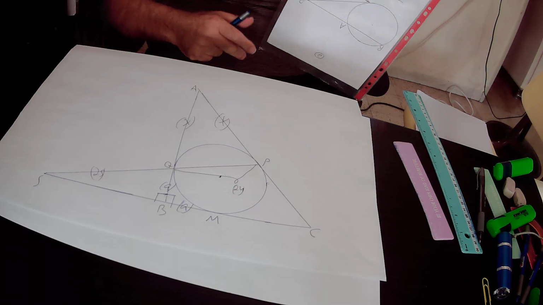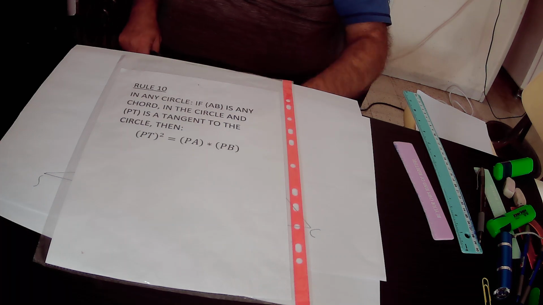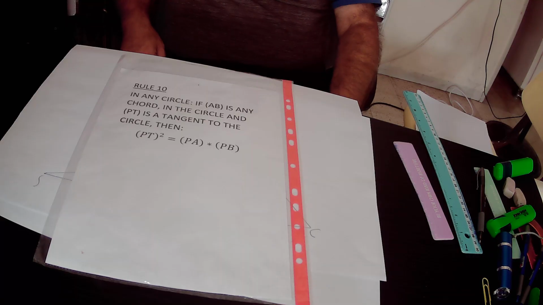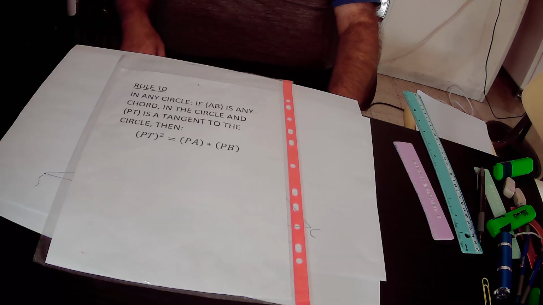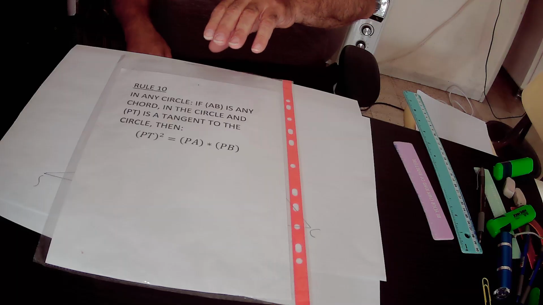So if we click on rule 10, rule 10 is true in any circle, so in any circle, if AB is any chord in the circle and PT is a tangent to the circle, then the following equation is true, that PT squared equals PA times PB. Again, PT squared equals PA times PB.